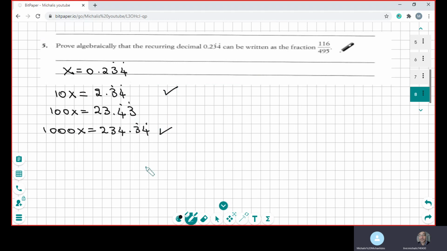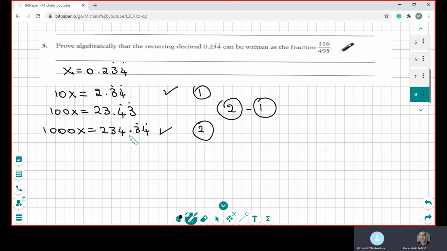Now, if you check, the two equations that I can use to eliminate the recurring decimals are this equation and this equation, because they are in the right position. After the point, I have the 3 point, and here after the point, I have the 3 point. So I subtract the first equation from the second.